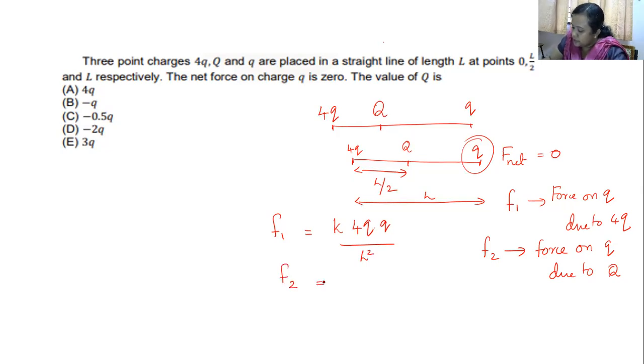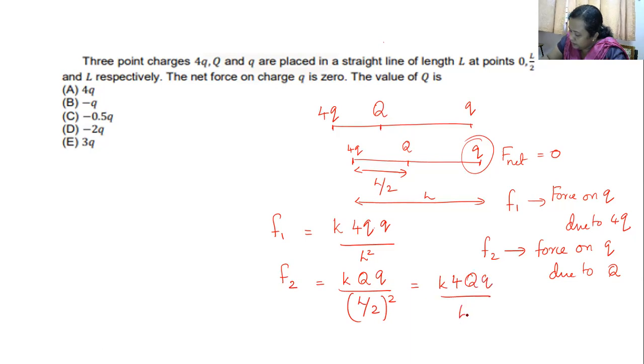And F2 is equal to K into capital Q into small q divided by the distance between them, which is L by 2, so that becomes (L by 2) square. So that becomes K into 4Q q divided by L square.